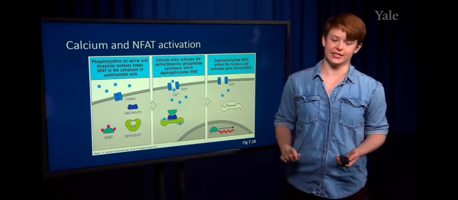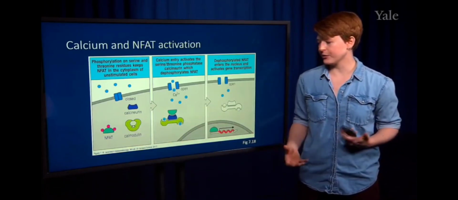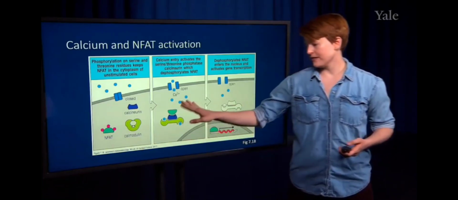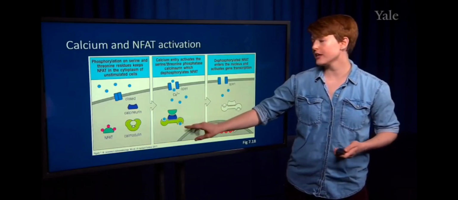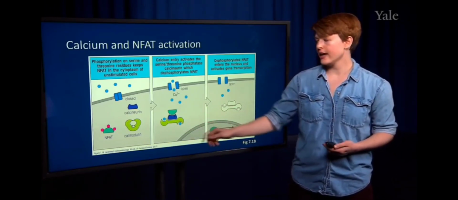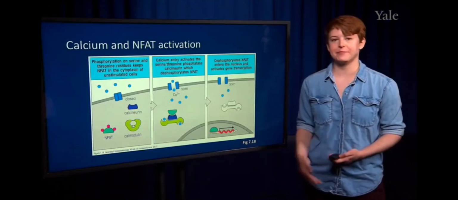So you can see here, this kind of greenish protein is covered with several phosphate groups. However, after calcium influx, these phosphate groups are removed by that phosphatase calcineurin, seen here in blue, and this leads to NFAT being dephosphorylated, which then allows NFAT to enter the nucleus through a nuclear receptor and cause transcription factor activity.